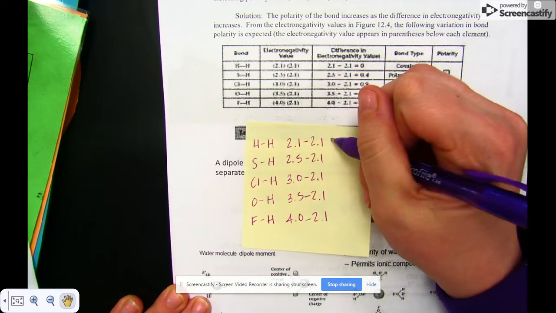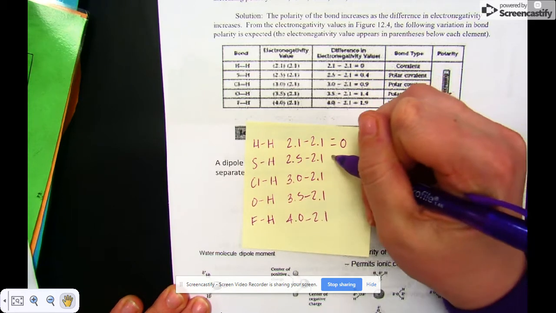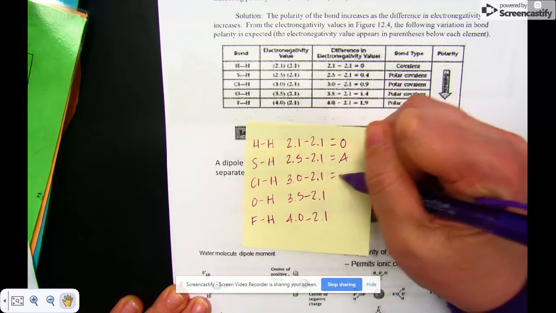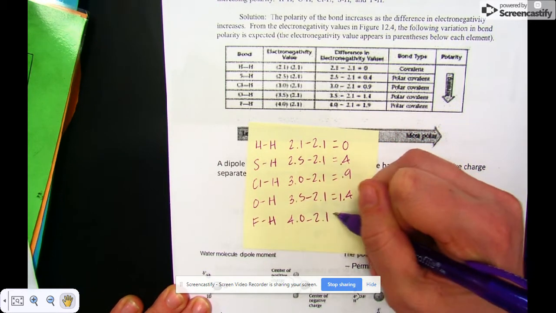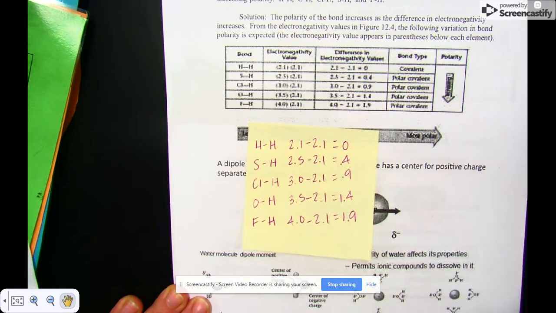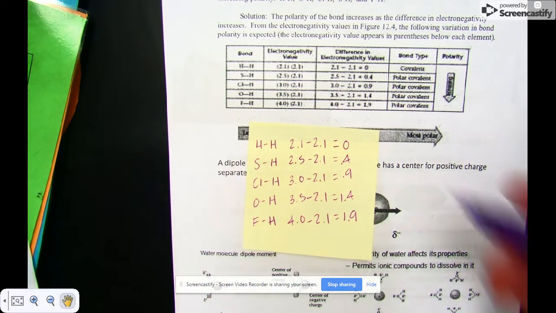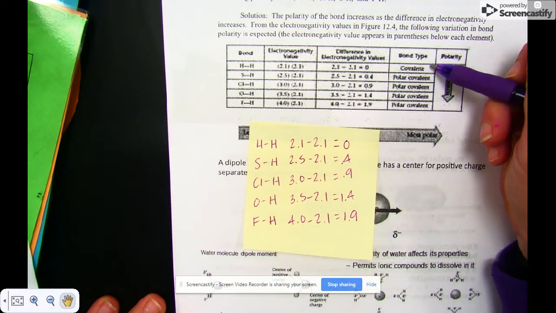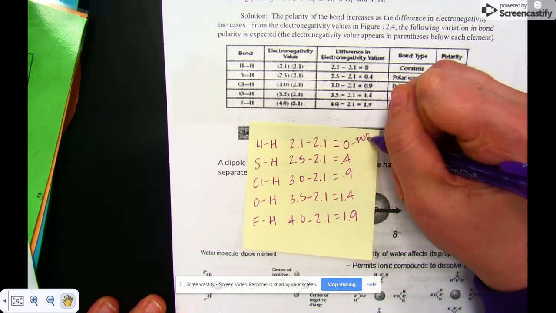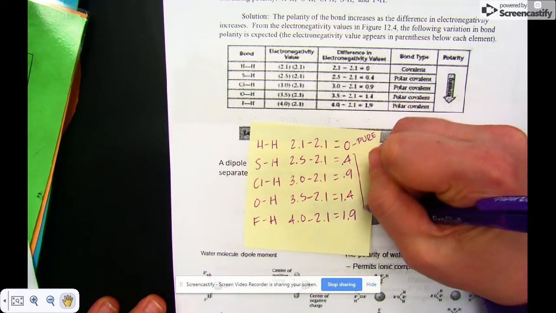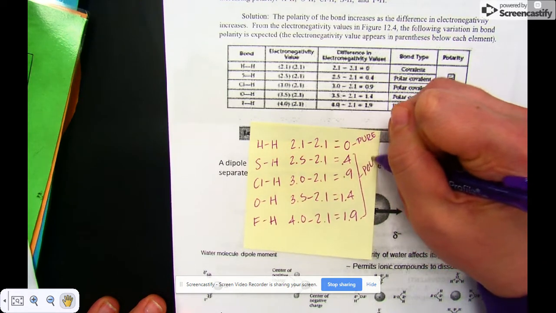When you subtract, this one comes out to be 0, this one 0.4, 0.9, 1.4, and 1.9. So this one we would label as covalent, which is pure covalent. And then the rest of these are all polar covalent.